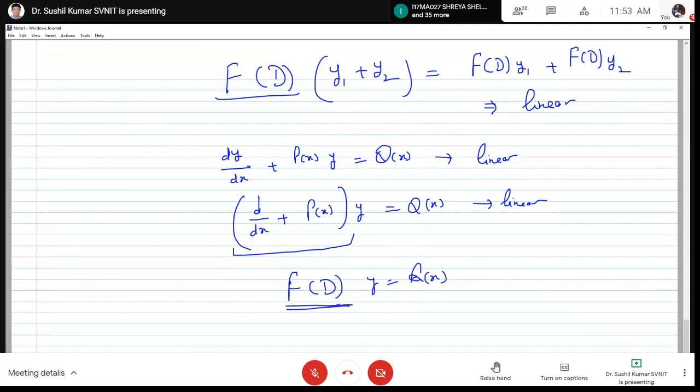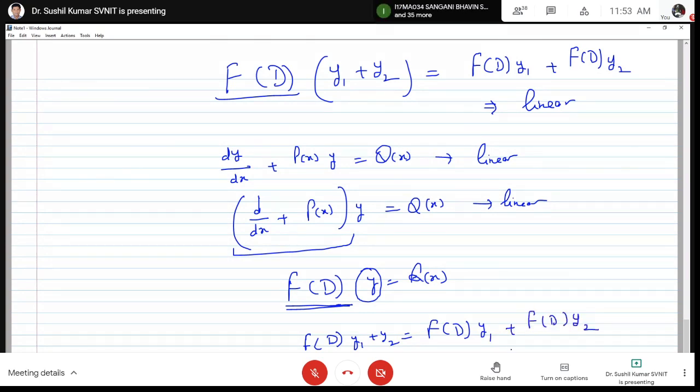So for linearity of this one, simply what we'll do, we'll replace this y by y1 plus y2. Okay. So if this equation is also satisfied for y1 plus y2, then no, not the equation, this part. If f D of y1 plus y2 equal to f D of y1 plus f D of y2, then it is linear. You can check it here.